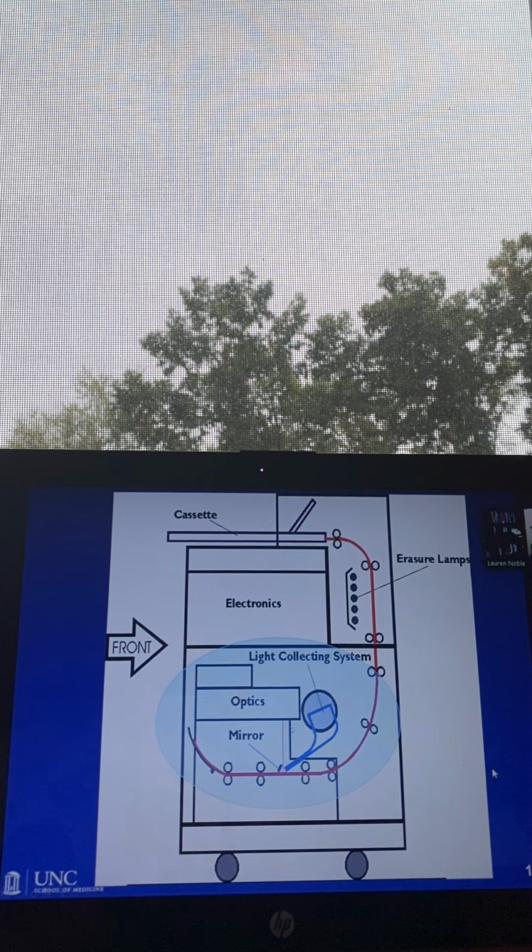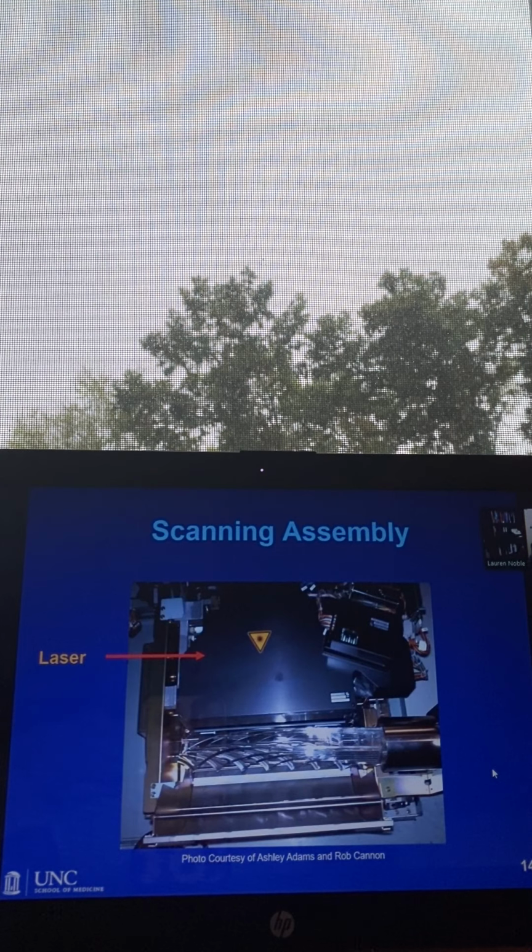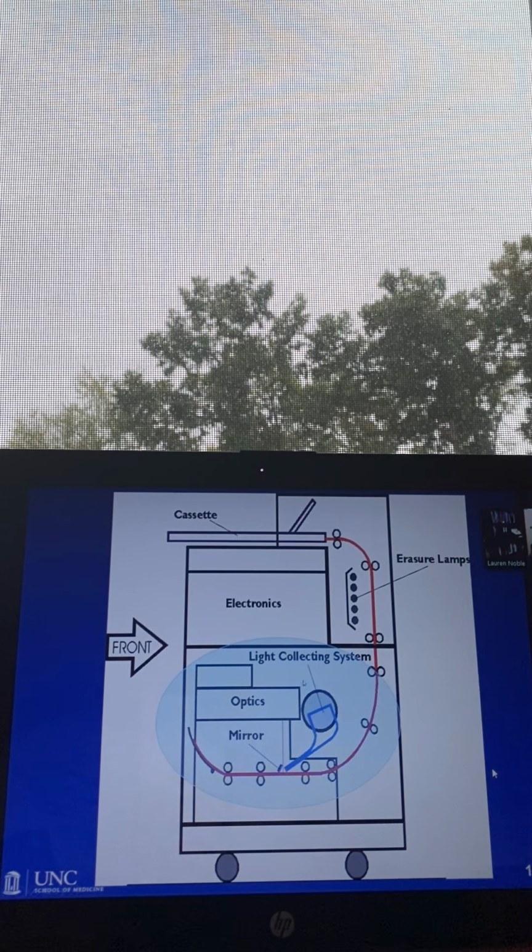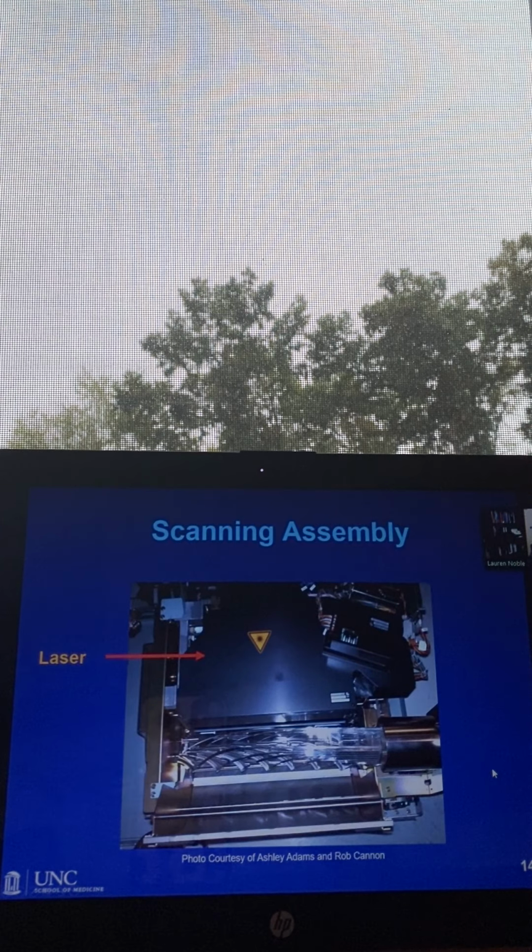We'll go through these pieces, but I just wanted you to see what a little graphic representation would look like. Down in the bottom part of that reader, we've got this thing called the scanning assembly. Here it's only pointing to the light collecting system, but this whole thing through here is what the scanning system is, the optics and the mirror. It's the biggest part of the image extraction system.